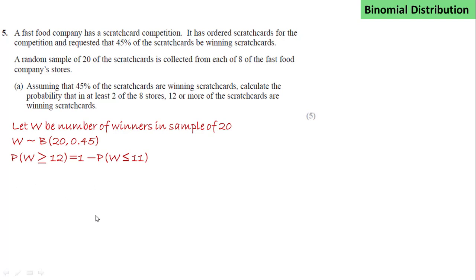So we want the probability that W is greater than or equal to 12. We have to convert this to 1 minus the probability that W is less than or equal to 11, because it's the less than or equal to calculation that the ClassWiz calculator will do for us.